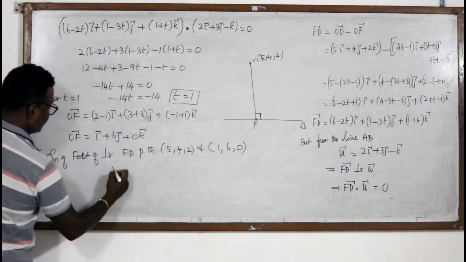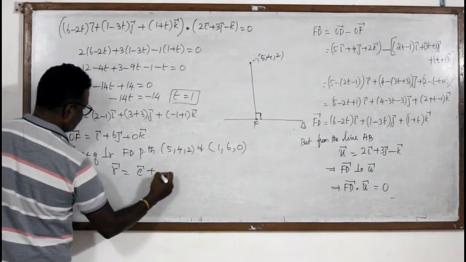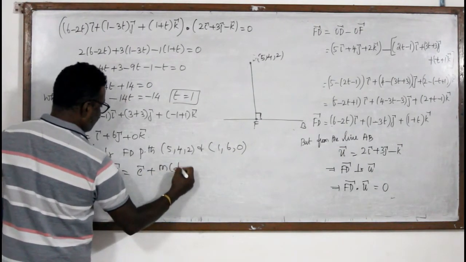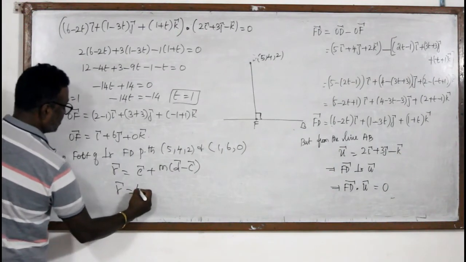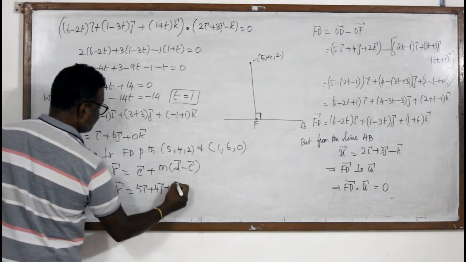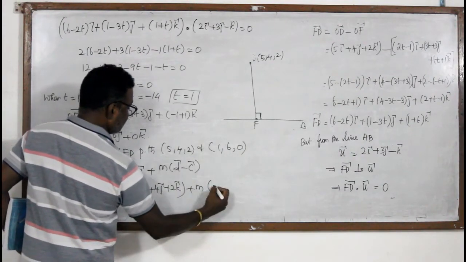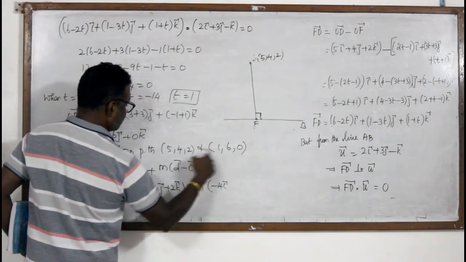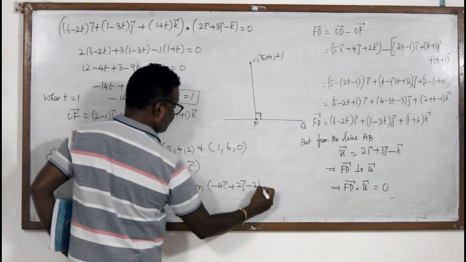Two points are given, so r vector equals c vector plus m times (d minus c) vector. So r vector equals 5i plus 4j plus 2k plus m times (1 minus 5, 6 minus 4, 0 minus 2), that is minus 4i plus 2j minus 2k.